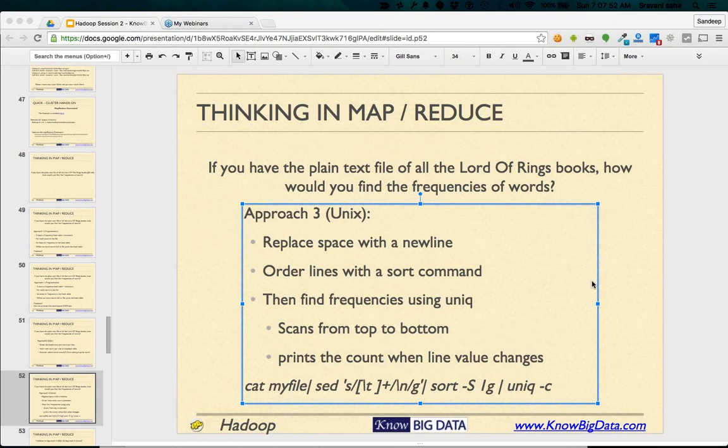Those who are aware of Unix, could you raise your hand? There's an option of raising the hand. So Xiao is aware of Unix. Who else? Anand is. All right, Peter is also okay.